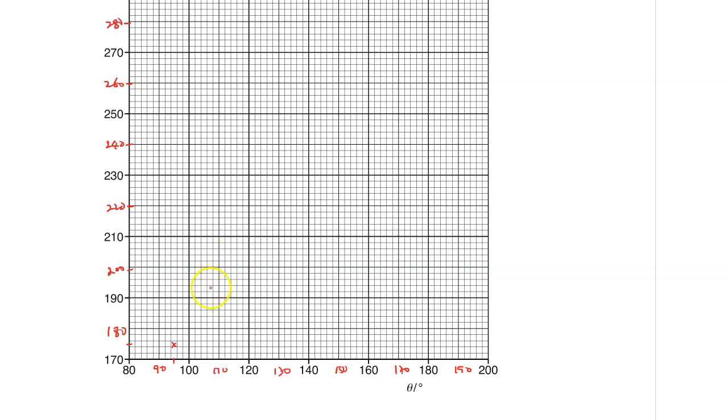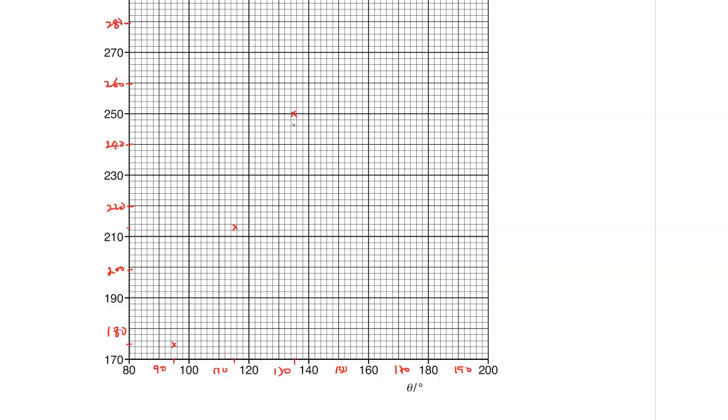The next one is 115. This is 110. So 120, 115 is there. And 213. That is 220. So 213 is there. Then we come here. Right there. Next one is 135. 135 is there. And then 250. Right there.